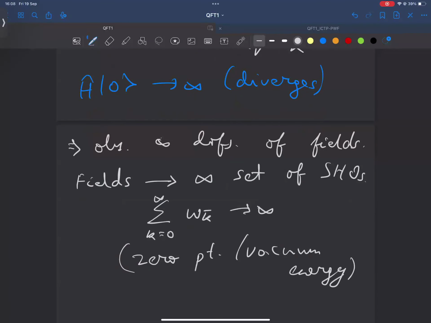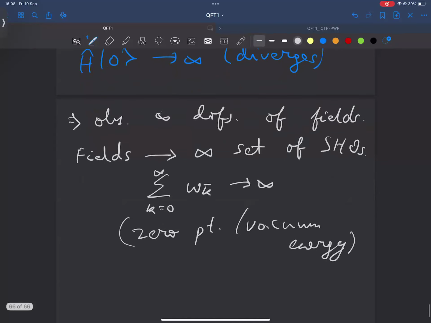So one way to navigate this is to define what is called a normal ordering prescription. Because you see, even though this is infinite, at the end of the day, you can only measure energy differences, not absolute energies.